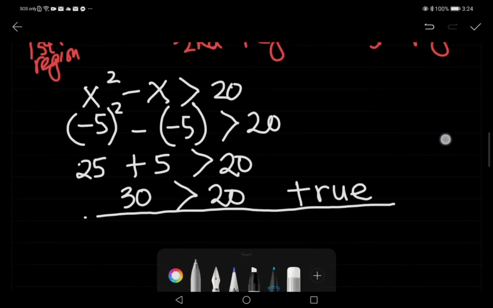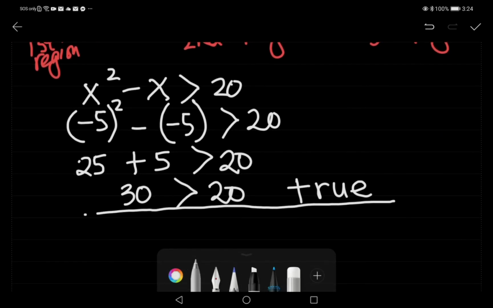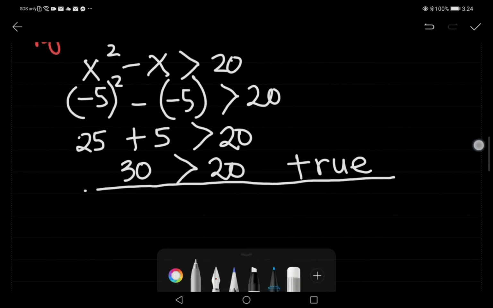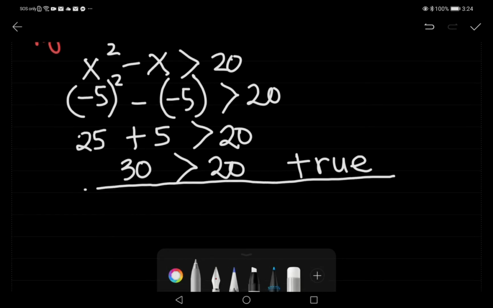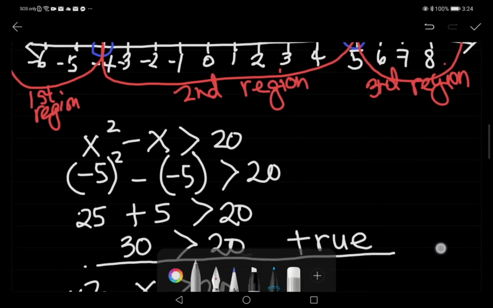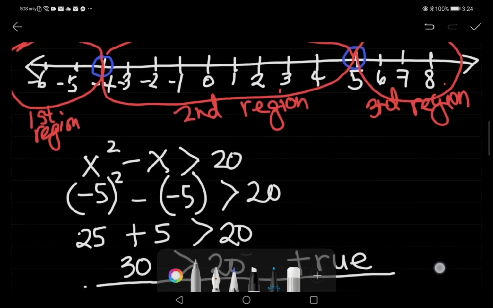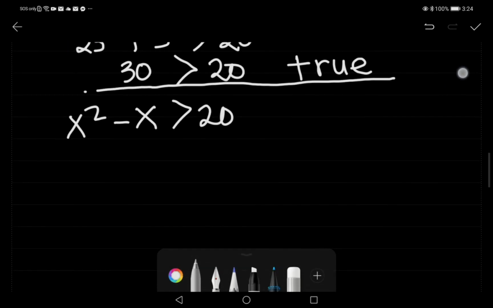So ang given nga equation, ato na sang isuwat og balik: x squared minus x is greater than 20. Then atong i-substitute ang gipili nato nga 0 para dali ra siya i-multiply, para dali ra siya i-solve.